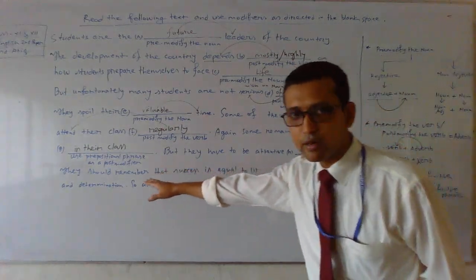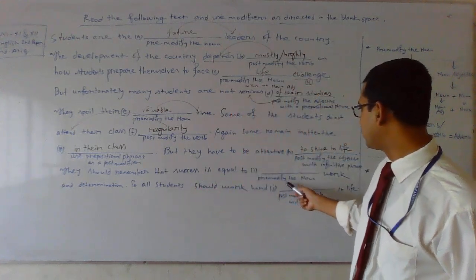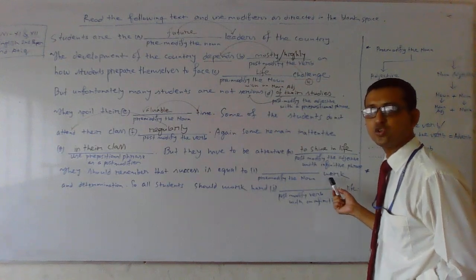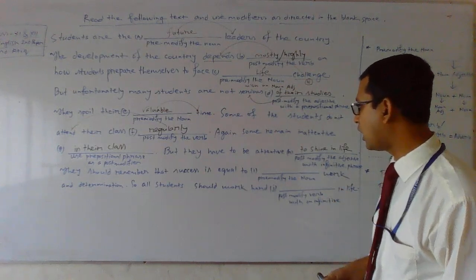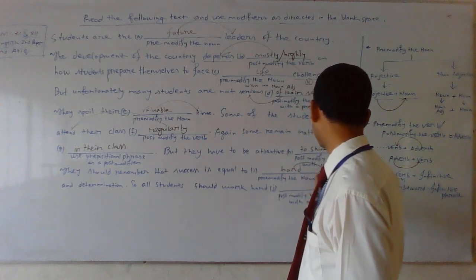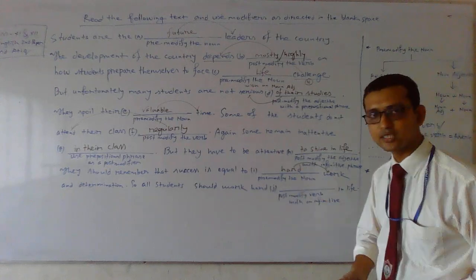They should remember that success is equal to, pre-modify the noun work. Yes, this work is the head word and it will be modified with hard, hard work. This work is being modified by that word hard. We modify the noun with an adjective.